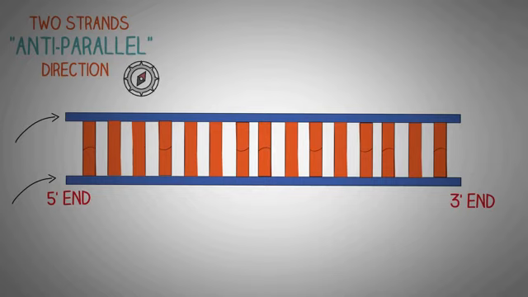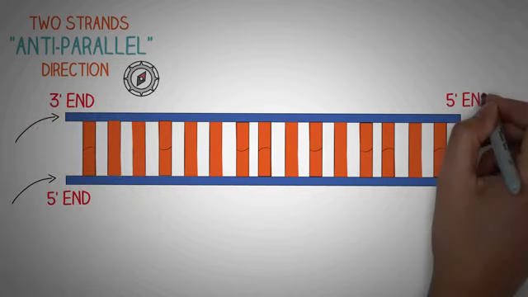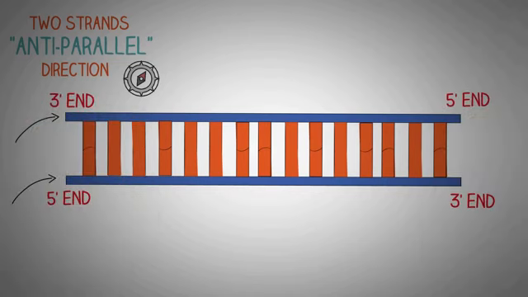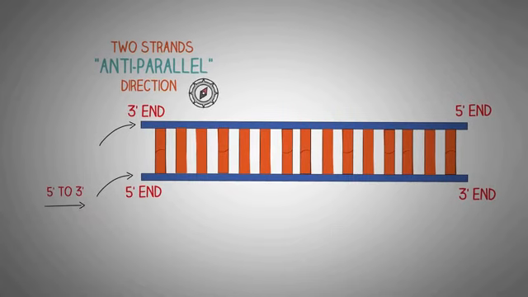And since the strand above is running in completely opposite direction, it will have its 3' end on this side and its 5' end on this side. So due to this strand below is said to be running from the 5' to 3' direction, and the strand above is said to be running from the 3' to 5' direction.